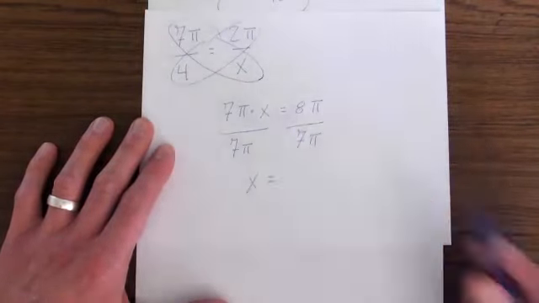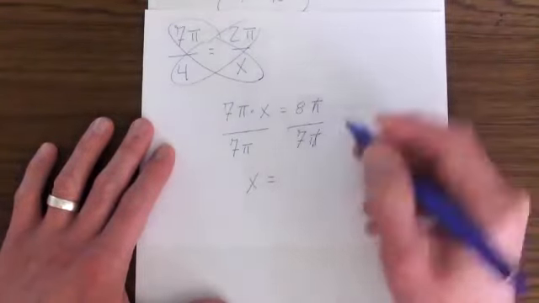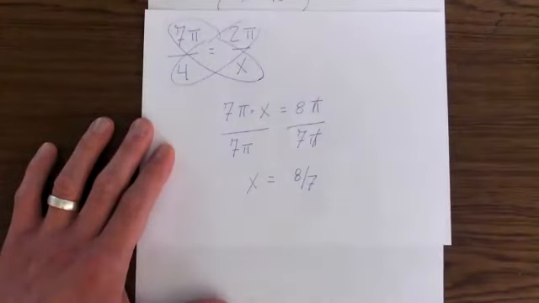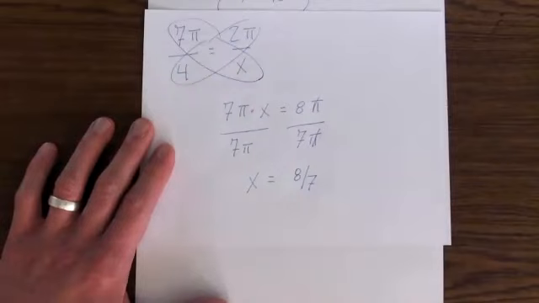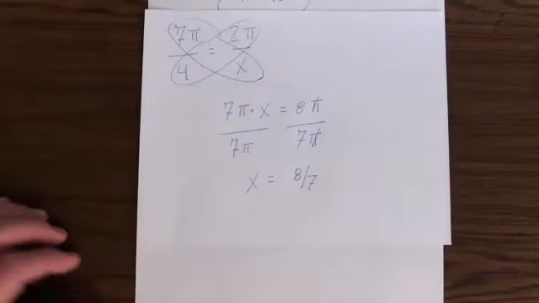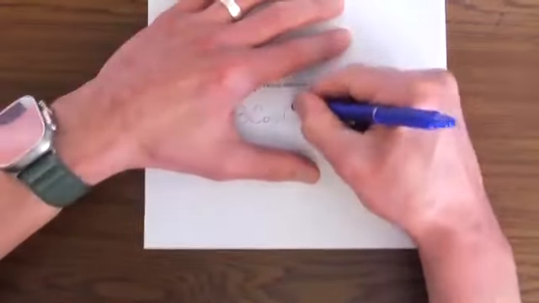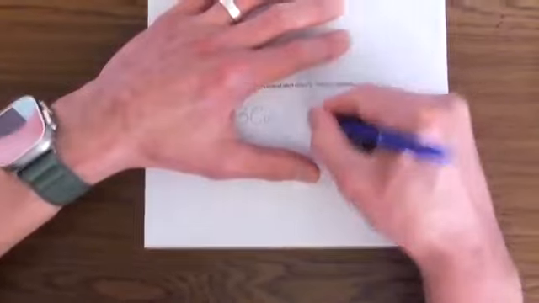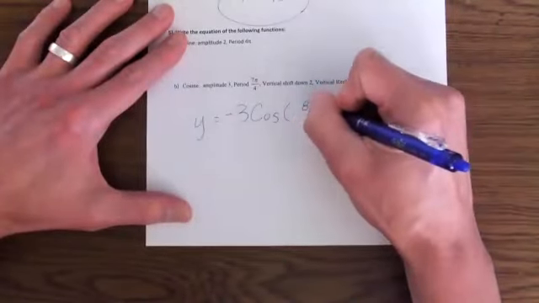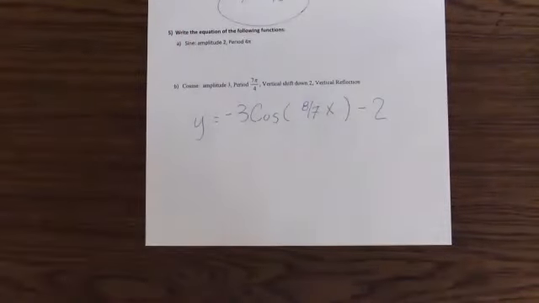X equals, we don't really divide by pi very often, but just remember, if you're dividing anything by itself, they cancel. That's the number that I need to have in front of x. So I just simply need to go back to my answer, erase what I had in front of the x, and put 8 over 7. And now it's correct. That's the right answer.